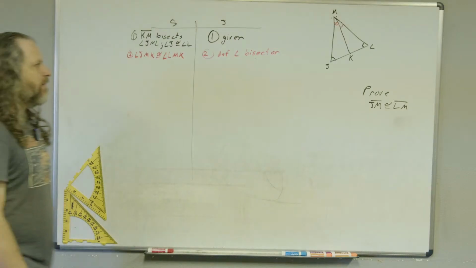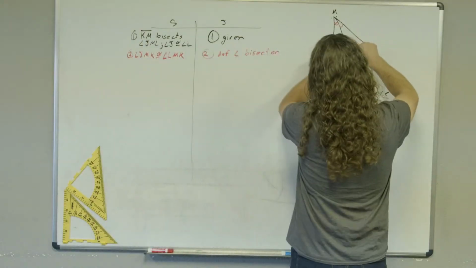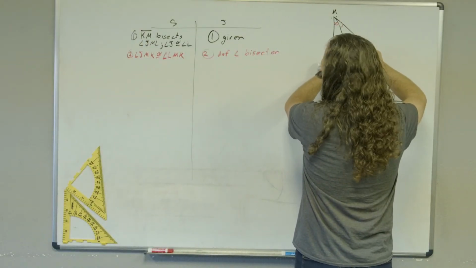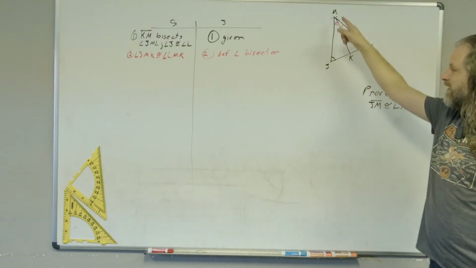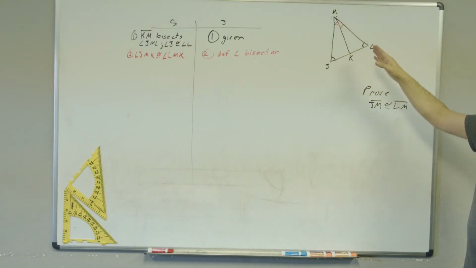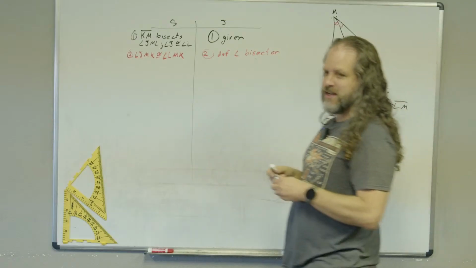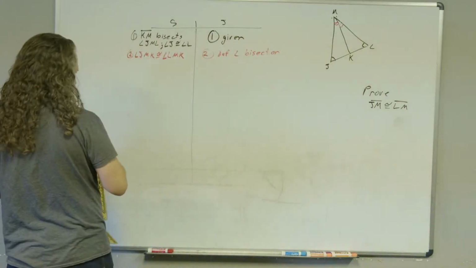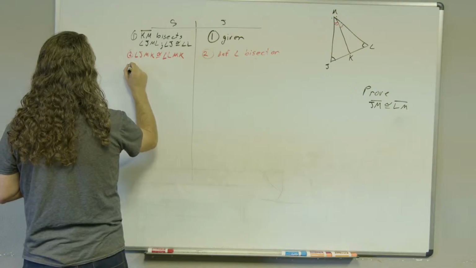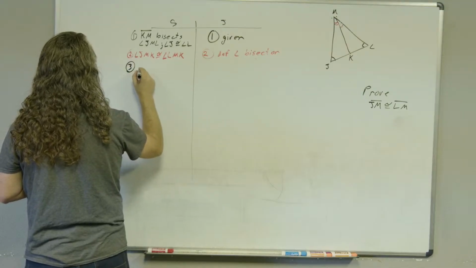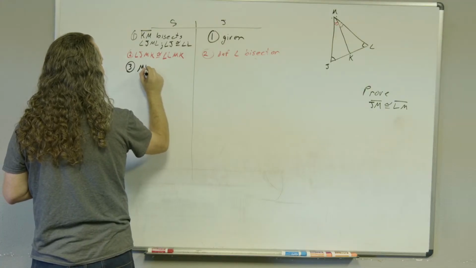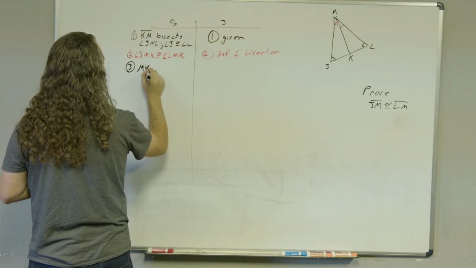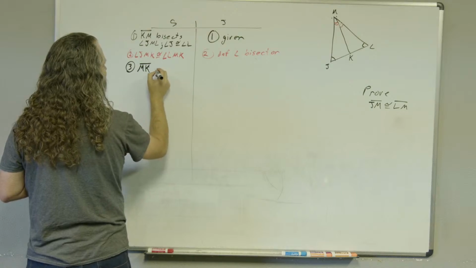LM isn't even in both triangles. MK is in both triangles. MK is congruent to MK, right? What's that called when you say something is congruent to itself? You're close. You have it like right there.